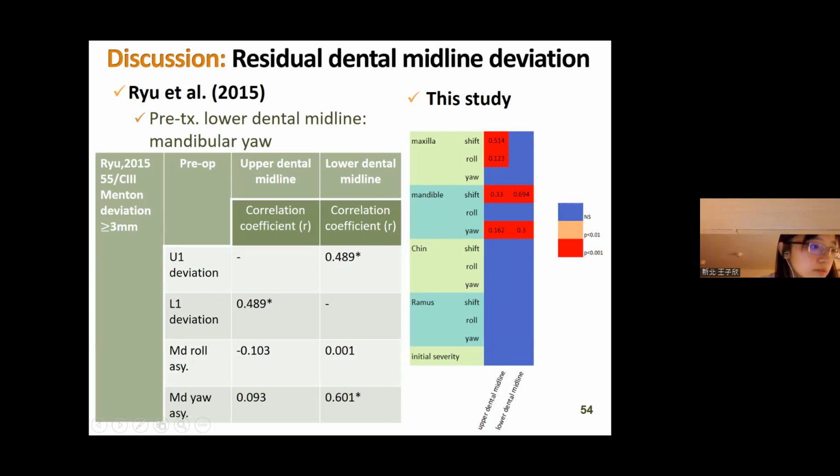The possible reason for the discordant finding for upper dental midline deviation may be the different variables for positional jaw asymmetry. In their study, they measure by line, and we measure by plane. And also, they measured in pre-op, and we measured the residual asymmetry.